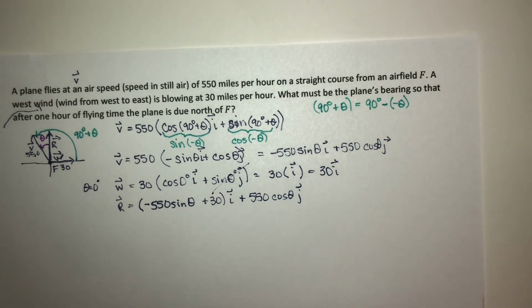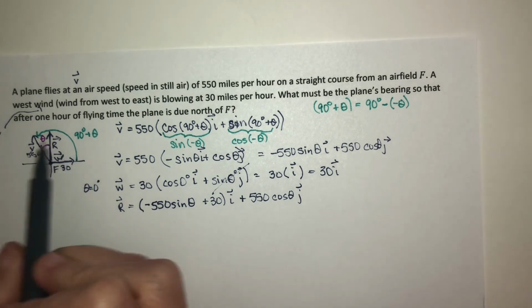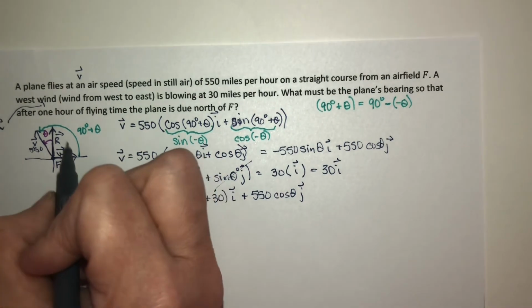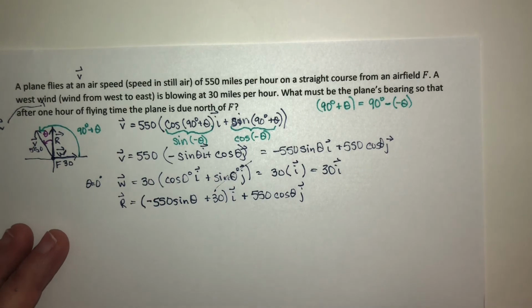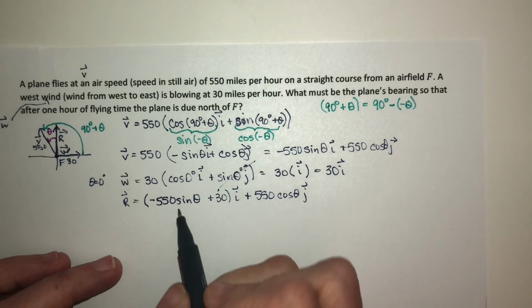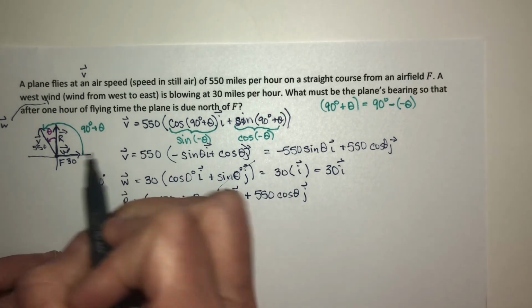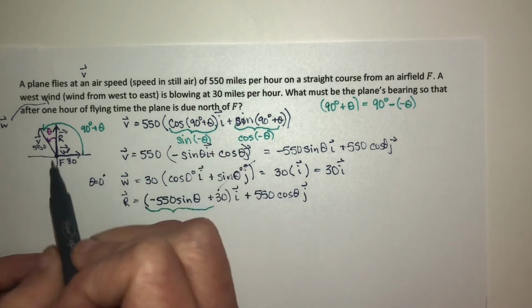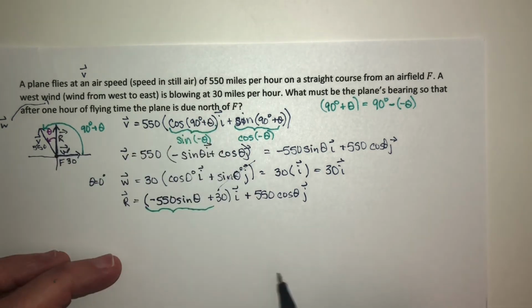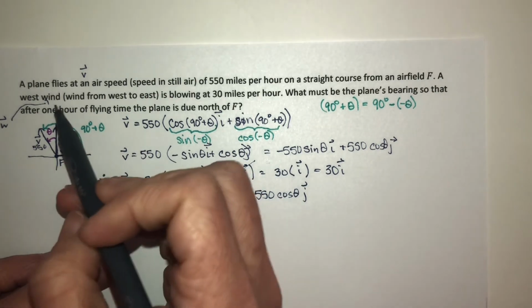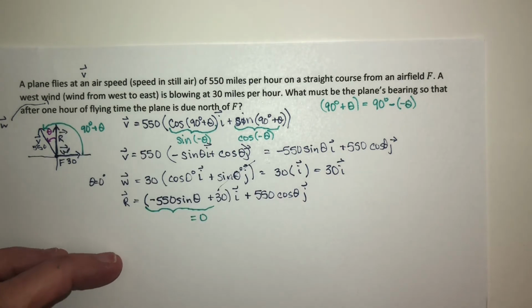Okay, so our resultant is due north. That means I'm hoping that this angle is 90 degrees. This should be my x direction, but I'm not going this way at all. I want it to be straight up and down. So I need this to equal 0 in order to get a resultant like this.